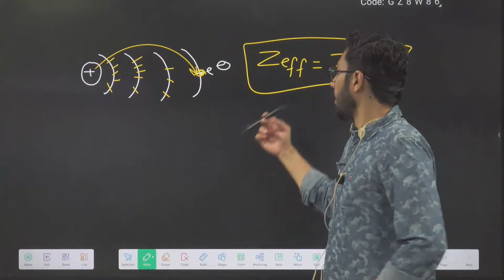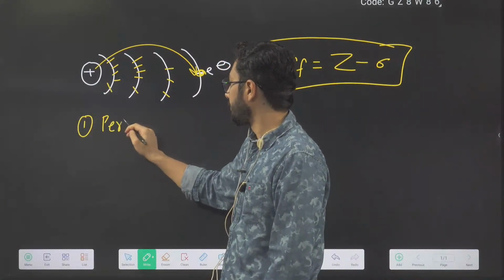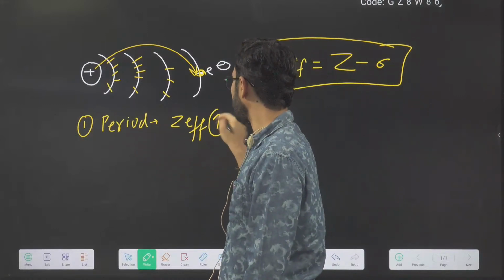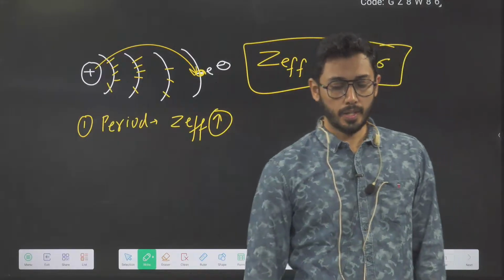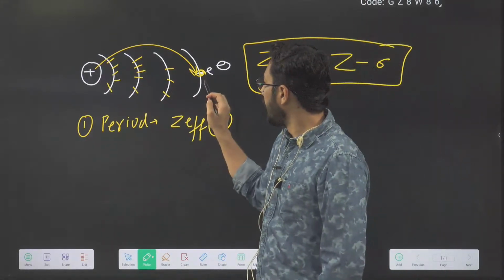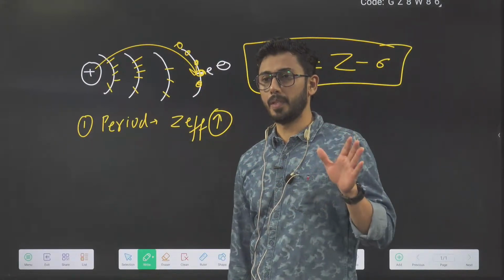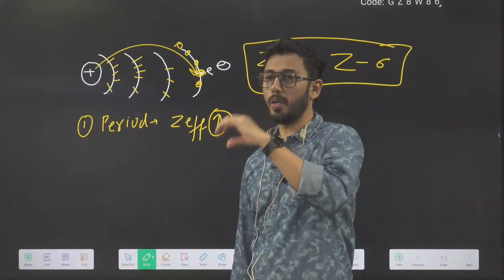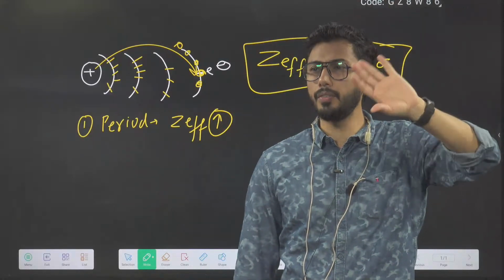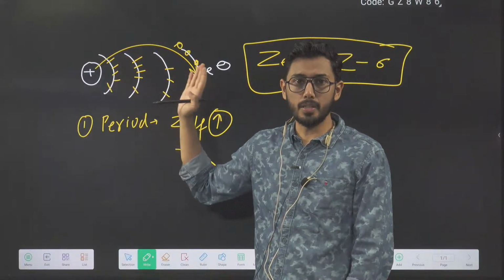Okay. Now the trend along the period we have discussed. Along the period, Z effective increases. Why? Because along the period the shell remains the same and electrons keep on adding in the same shell. When electrons are added in the same shell, the shielding effect will be almost similar because inner shell electrons remain unchanged.